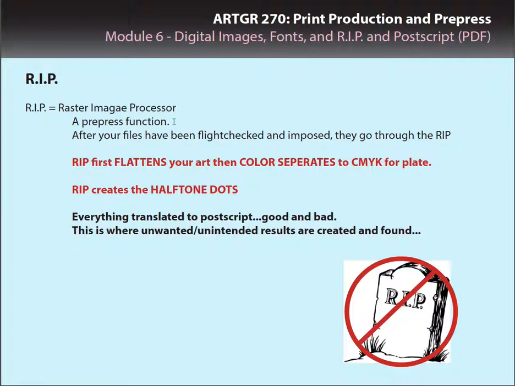So that color proof they show you from after pre-press is after your file has gone through the RIP. And that's really the last time that it gets changed digitally, because that same file that makes the proof makes the plate. So the RIP is very important.